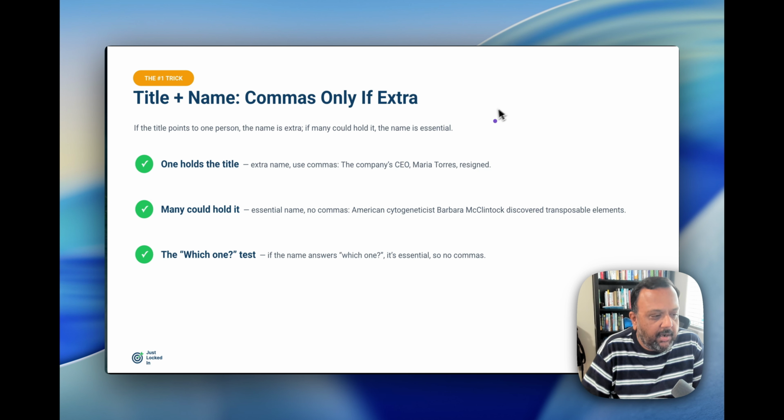Now, this one. This is where I've seen students make mistakes, okay? So there's a very subtle difference here, and this is probably the most commonly occurring question type in this particular pattern, okay? And that is title and a name, okay? For example, there are two things, okay?